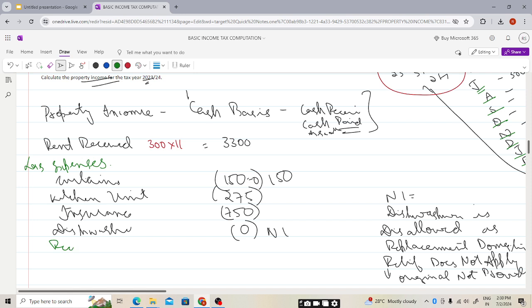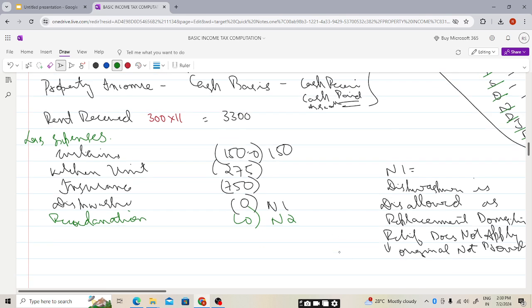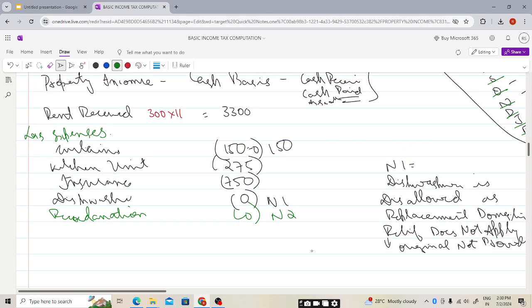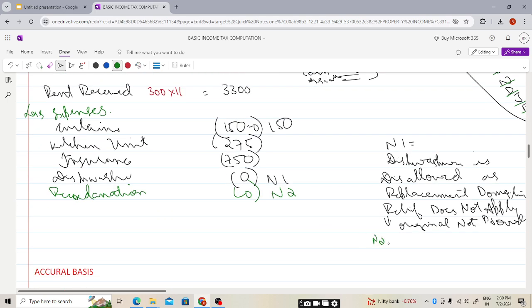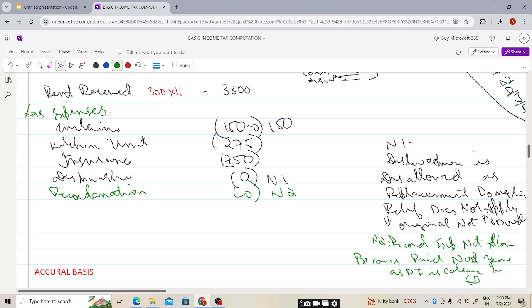So redecoration is 0. For this also you need to mention note number 2: redecoration expenses not allowed because paid next year, as property income is calculated under cash basis.